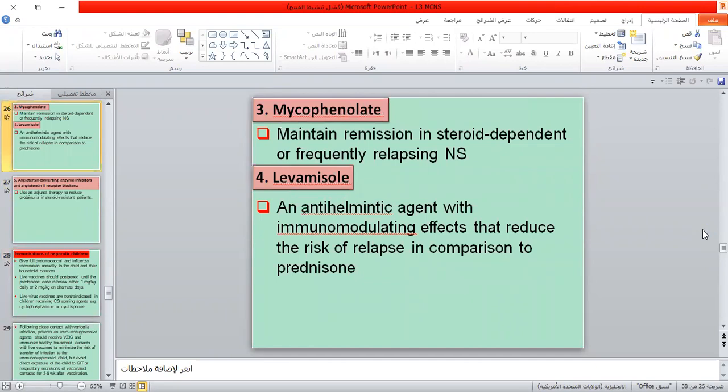عندنا المايكروفينولات اللي هو immune modulating agent.